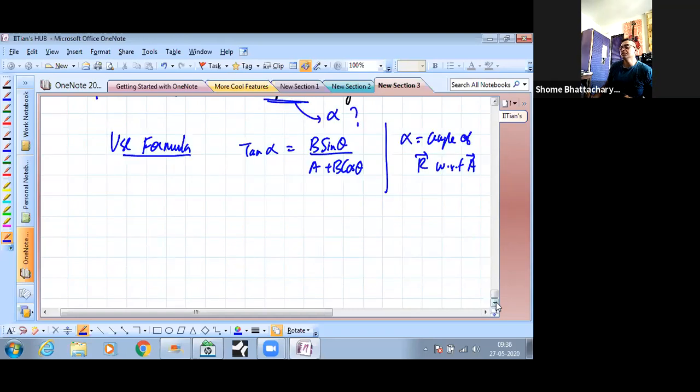So now let's just substitute the values here. So in this case, tan alpha will become B sine theta, so that is this, divided by A plus B cos theta.